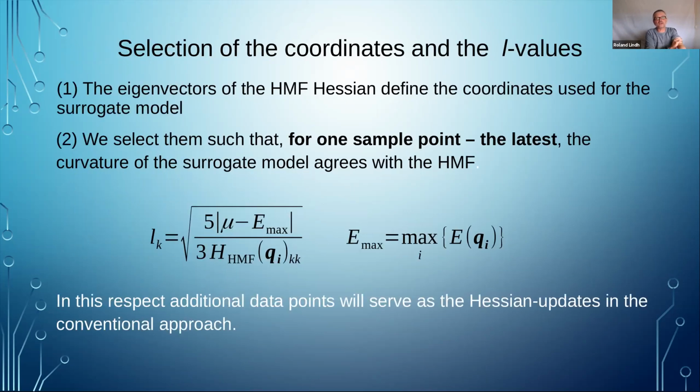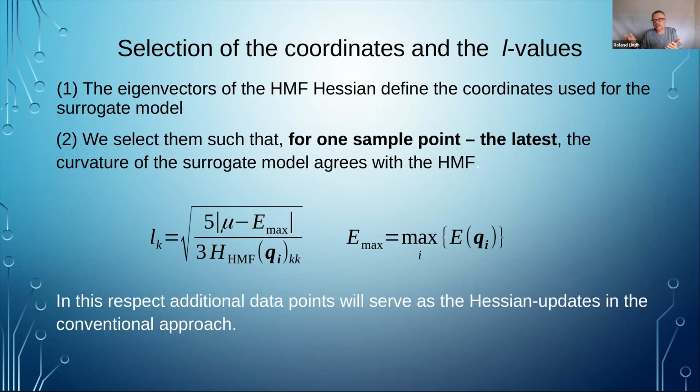So let me introduce to you how we get away with not optimizing the L value. And the trick is, if you have a single data point, you can select the curvature of the surface at that point by selecting an appropriate L value. And this is a bit like starting an optimization with a guessed Hessian.